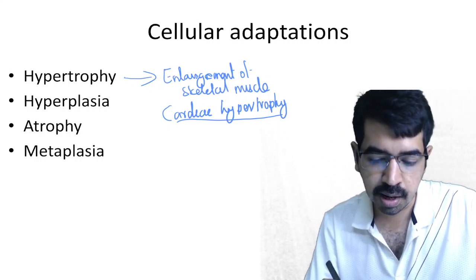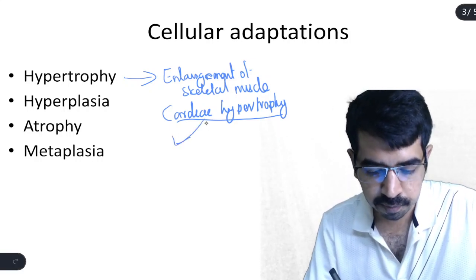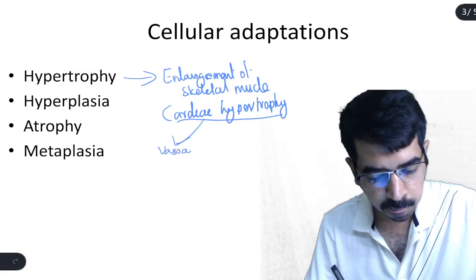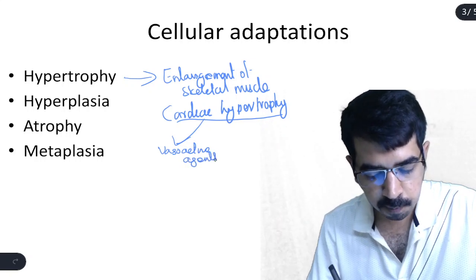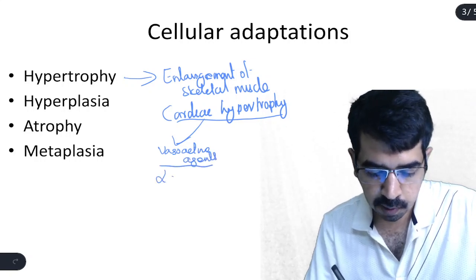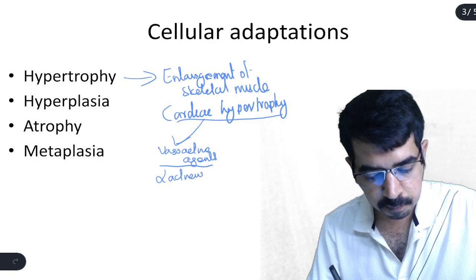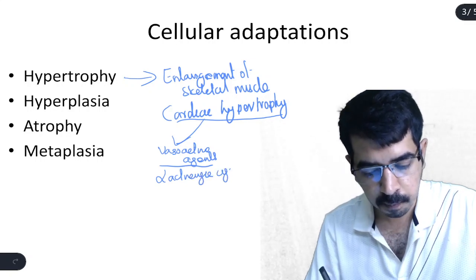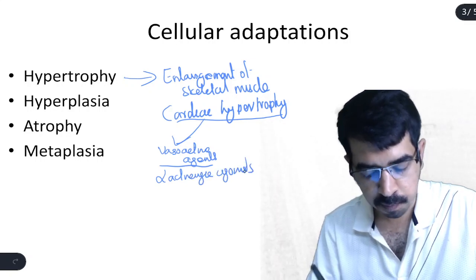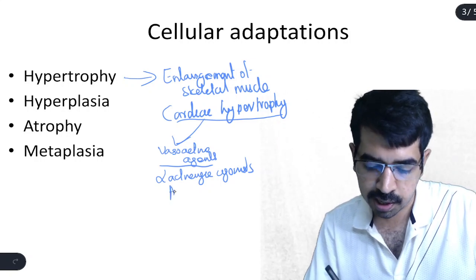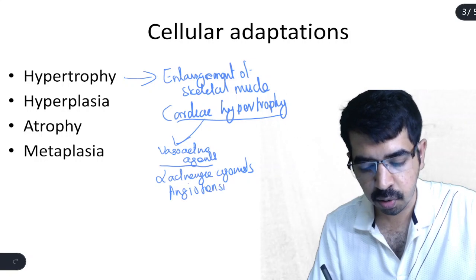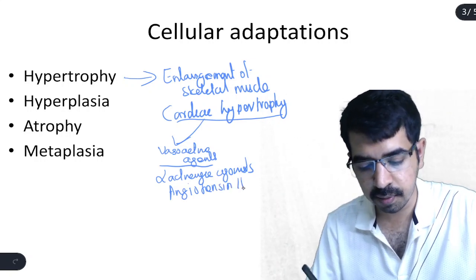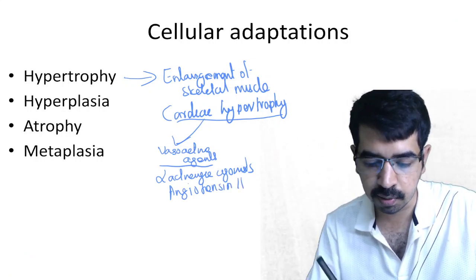The stimulus for cardiac hypertrophy usually includes: one is vasoactive agents. The vasoactive agents include alpha adrenergic agonist and also angiotensin 2. They can be a stimulus for cardiac hypertrophy.